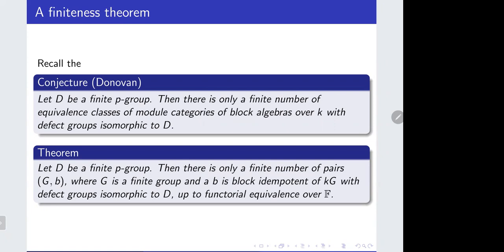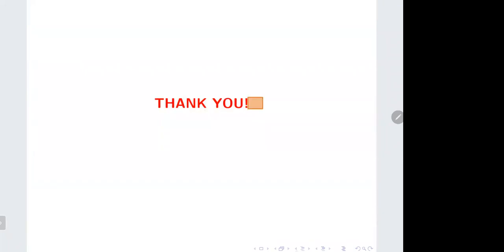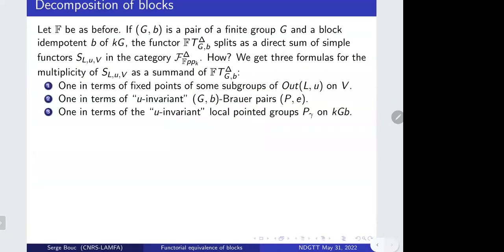We don't know the answer to this question. The point is that this functorial equivalence, I didn't give details on these formulas for functorial equivalence. Maybe I can explain that. We have several conditions here. We have several formulas, as I said before, for the multiplicity of a given simple functor in the functor associated to a block.